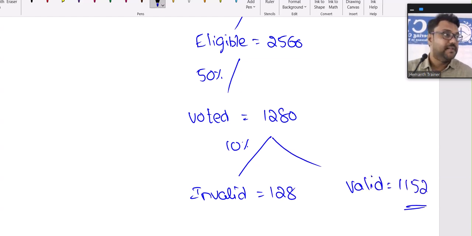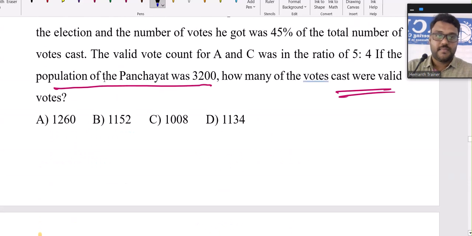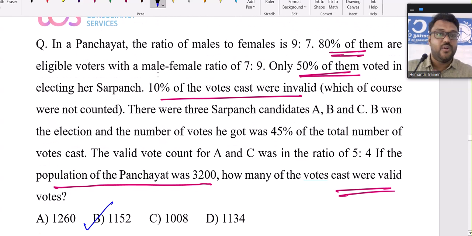Question completed. They're asking how many of the votes casted are valid, which is 1152. But many people, when they see the question, there are a lot of other data they're given, not only male and female 9:7, 7:9.